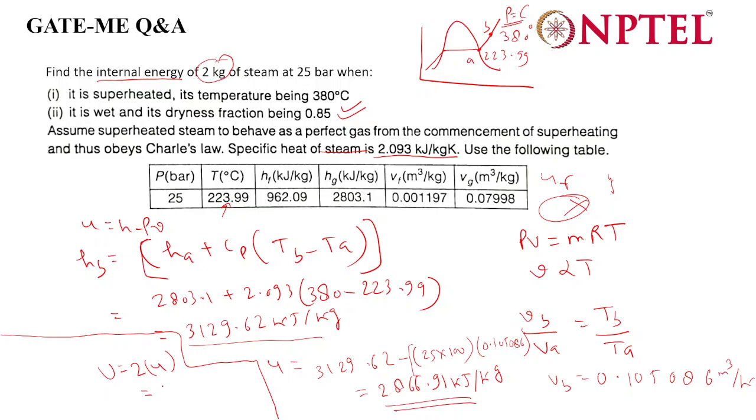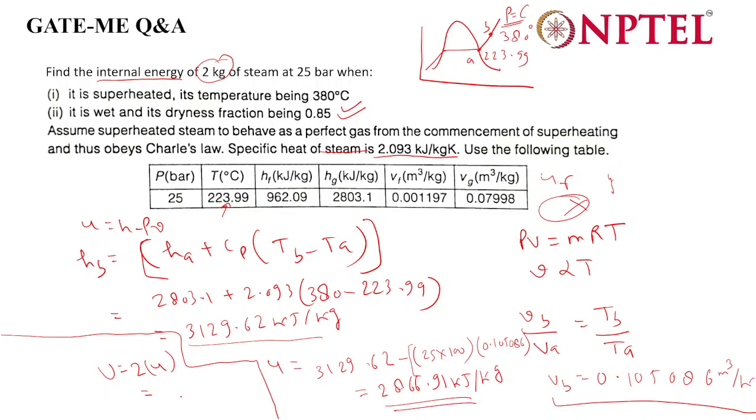Okay, you are telling the specific volume, 0.105086. So multiply: enthalpy minus pressure into volume, with pressure converted to kilopascal. After that, multiply with 2. Will the answer be 2610 or something like that?